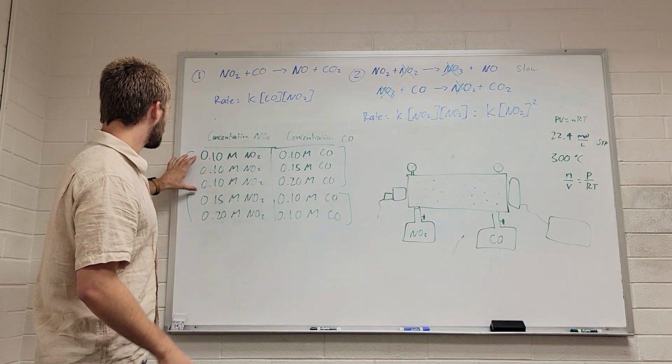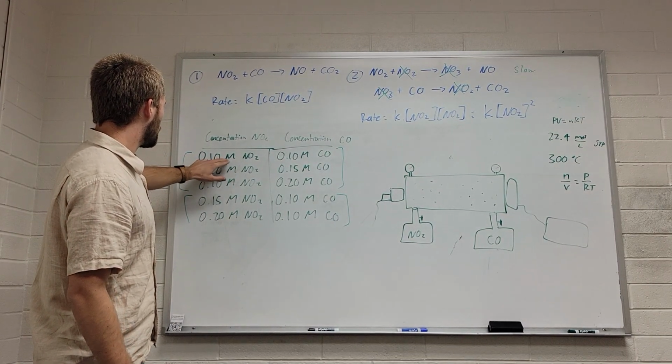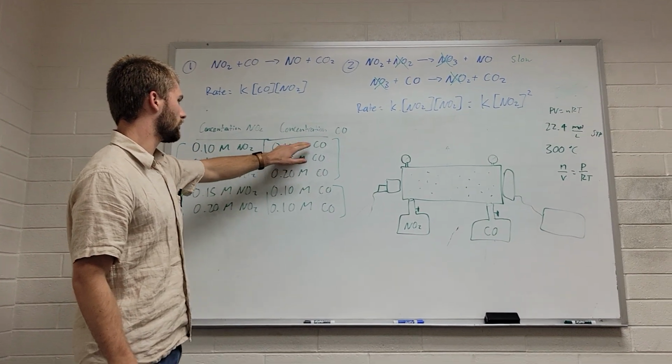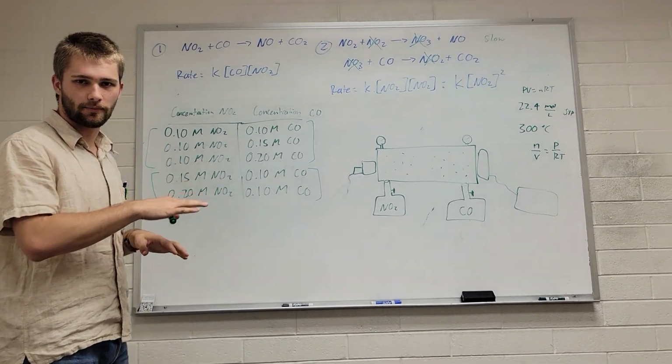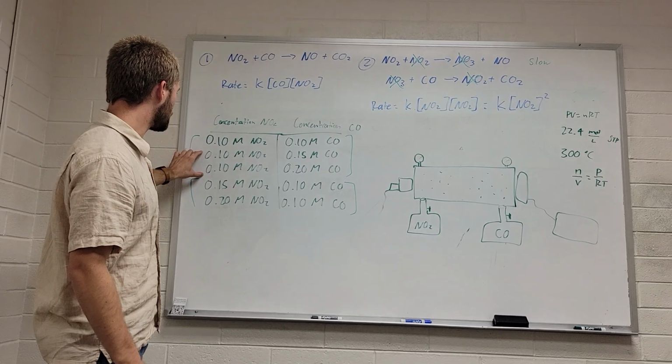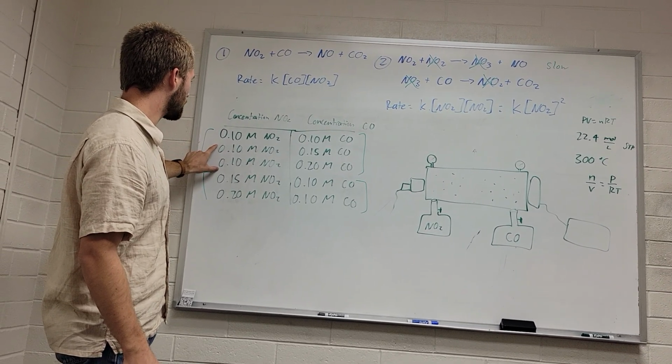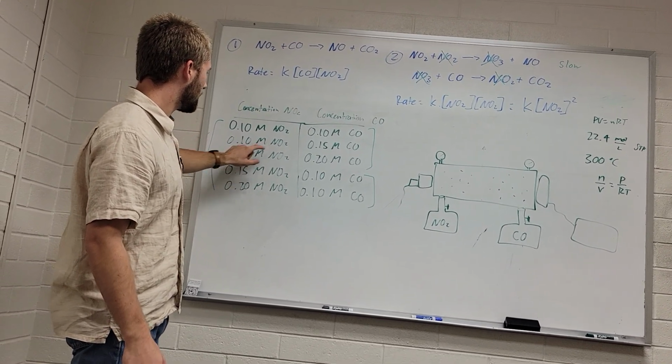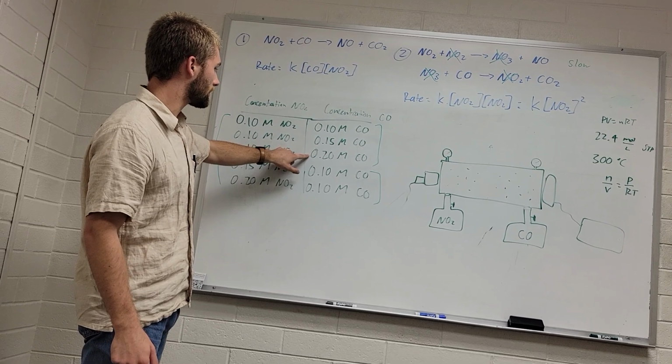So for the first one, the 0.1 molar nitrogen dioxide and 0.1 molar carbon monoxide is kind of just a baseline to give us something to go off of. In the first couple of trials, we'll leave the nitrogen dioxide steady and increase the molarity of the carbon monoxide.